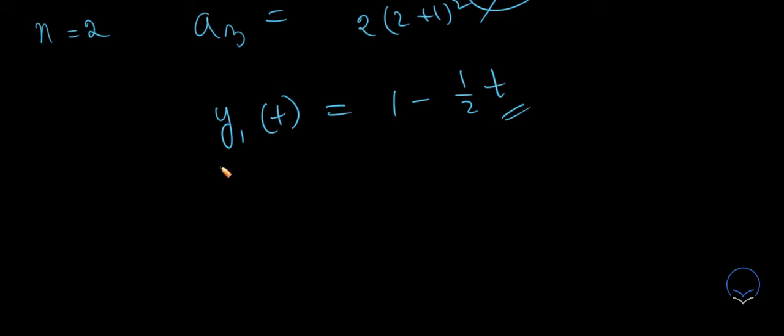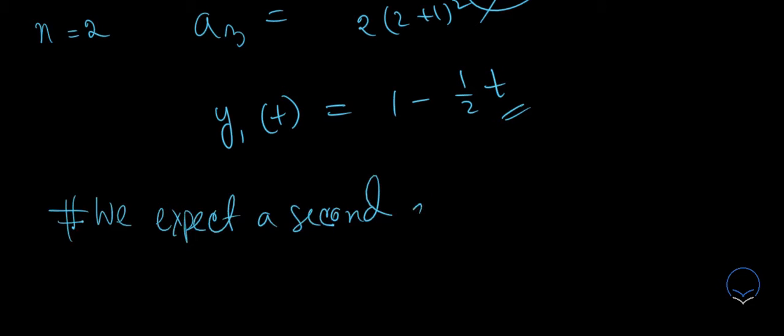Now, since this is a second order differential equation, we expect a second solution. If you recall, in the previous video we saw that there were two roots, and because of those two roots we got two different recursion relations, and we had no problem in building the other solution.